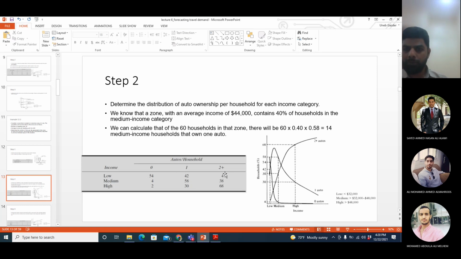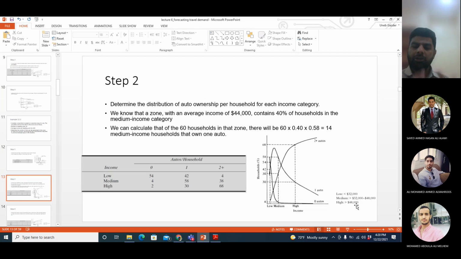How many have 2 or more cars? 4%. This is for the low income category. Then again going back to the same data, how many from the medium income category have 0 cars? 4%, 58% with 1 car, and 38% with 2 plus cars. Medium means more than 32 up to 48. Then you do the same exercise with more than 48 as well.